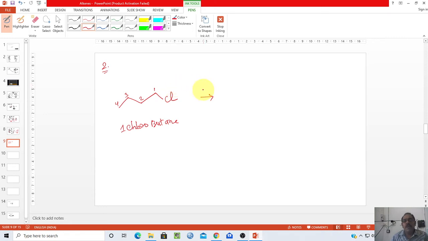So now the reagent is this, alcoholic KOH. If you put it, so what will be removed? I'll take another color. So from here chlorine will be removed, and from here one hydrogen will be removed. So what you have, I'll return back to the same color. So we will be having an alkene, butene.